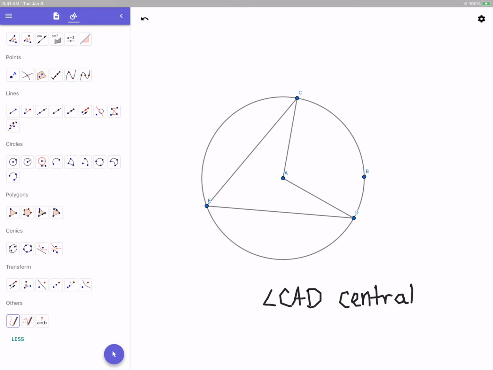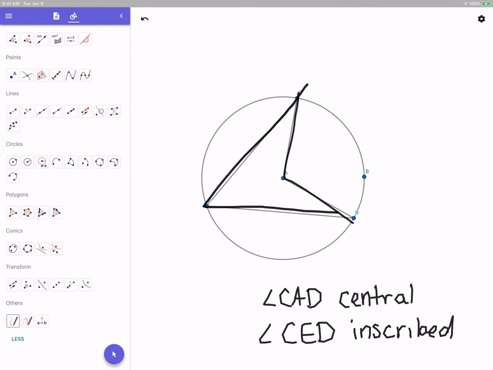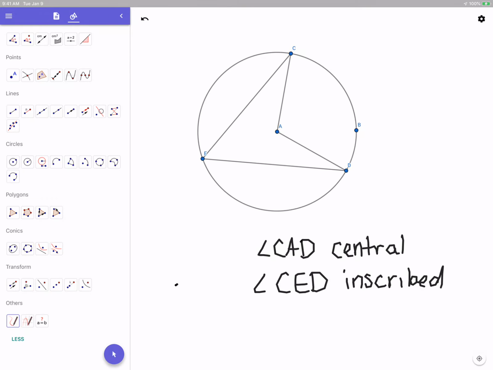And then angle CED is the inscribed angle. What you should notice about these two angles is that they're intercepting the exact same arc. They are both intercepting this arc right here. So the intercepted arc for both of those would be arc CD.